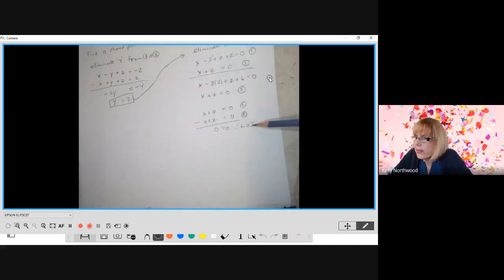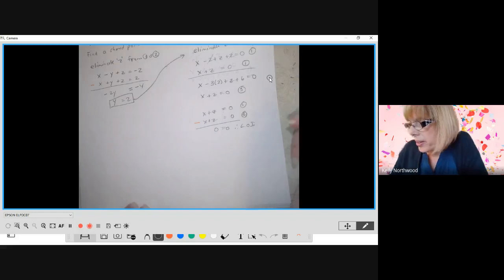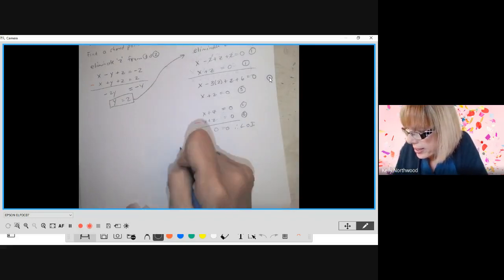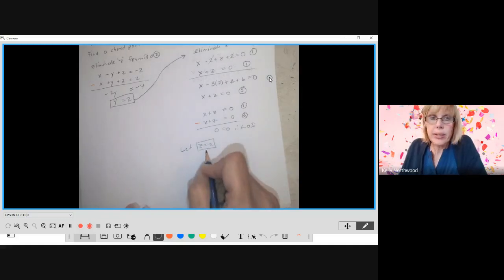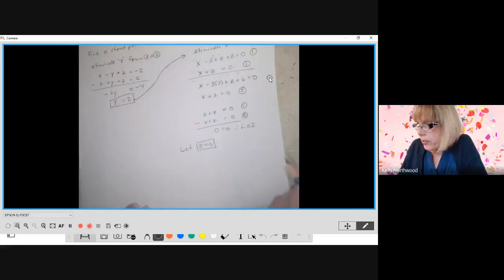So I guess this is kind of instead of checking your point satisfies all three planes, but I still do both just to make sure I haven't made a math error somewhere. So now let's let z equal 0. So now we know z is 0, y is 2, and we just need to find x.